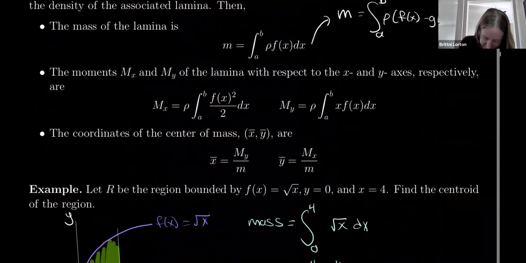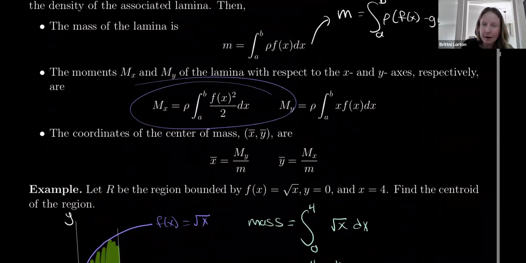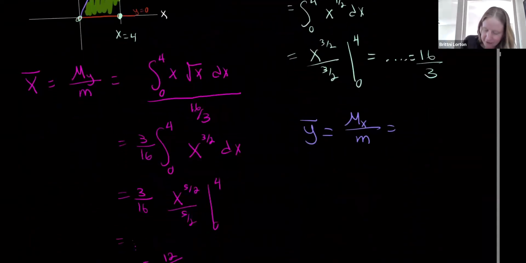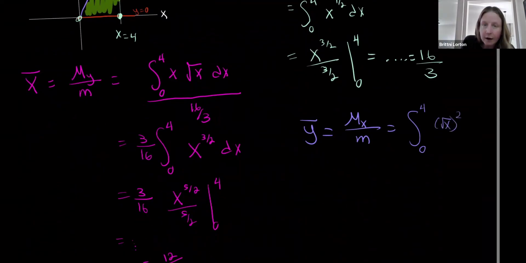Okay, here it is. Here's my m sub x formula. So I'm just going to plug and chug. I really, truly am going to just plug and chug. So I can treat rho as the number 1 because it was not given to me. So the integral from 0 to 4 of my function squared divided by 2 dx, and then divided by whatever I got for the mass.